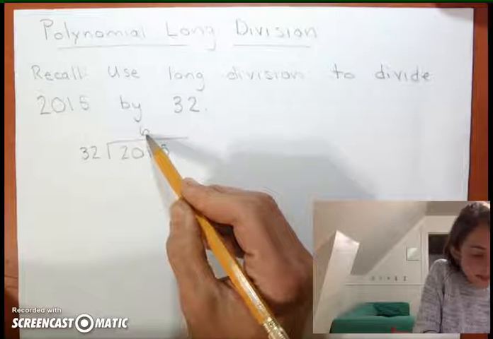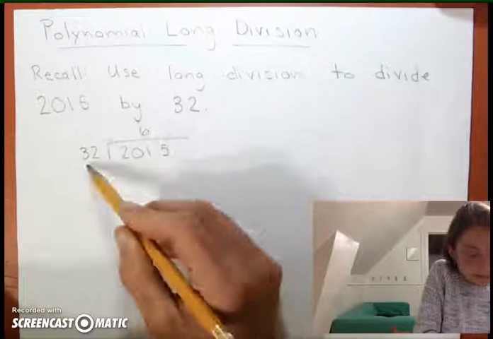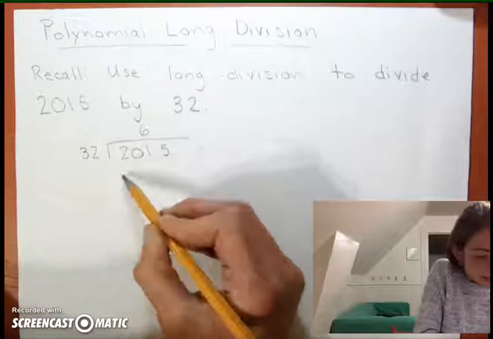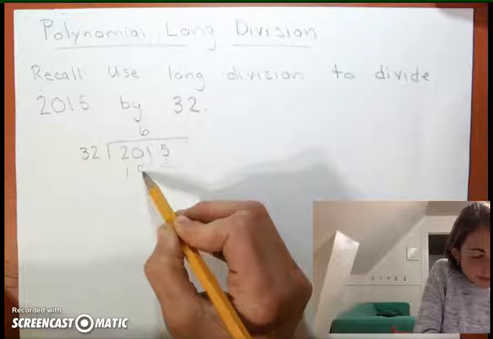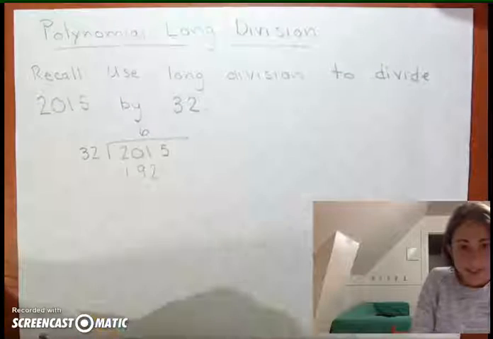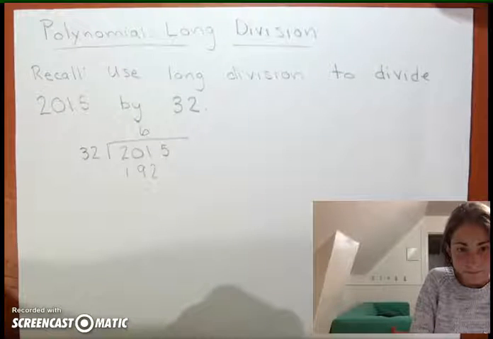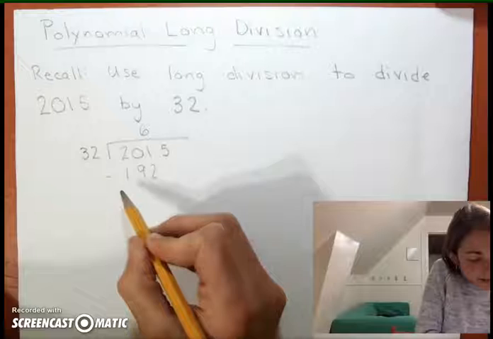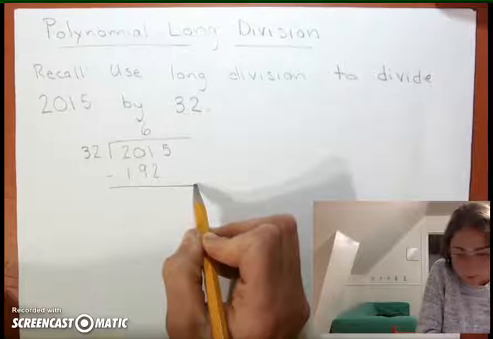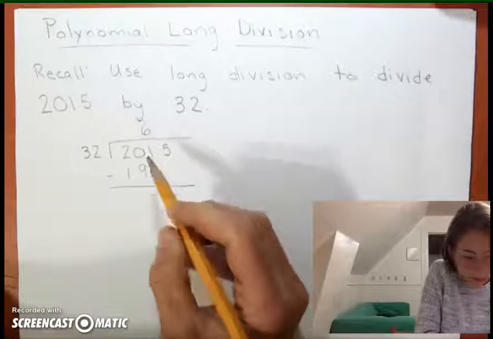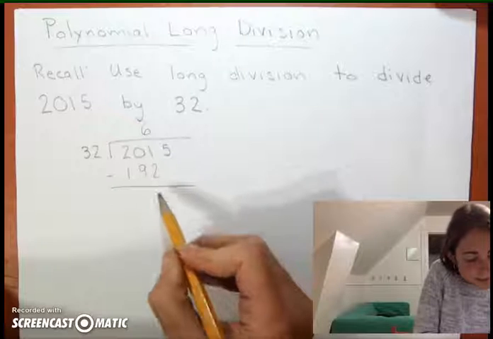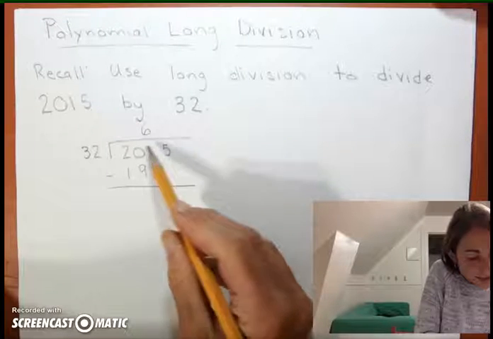My next step is to do 6 times 32, and that is 192. And I write that underneath, 201. Now I subtract the 192 from 201. And what do I get? Well, these are different by 9.